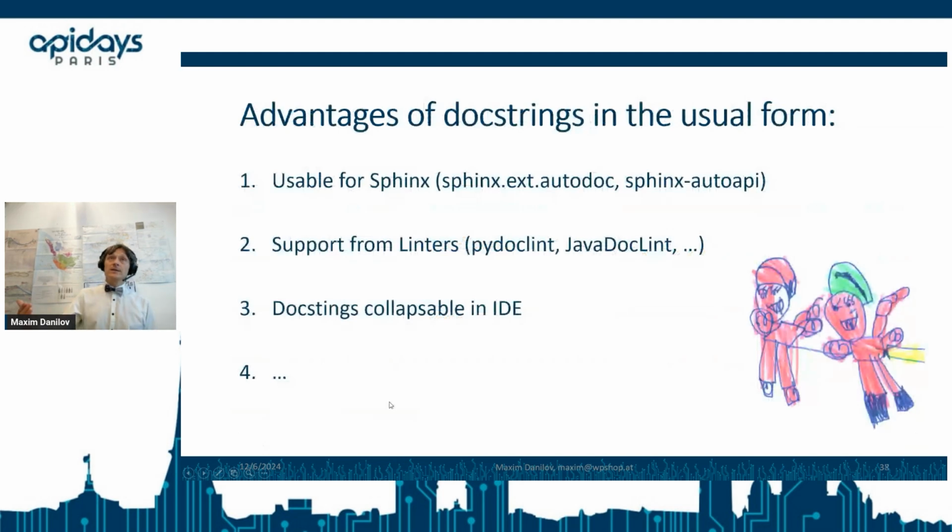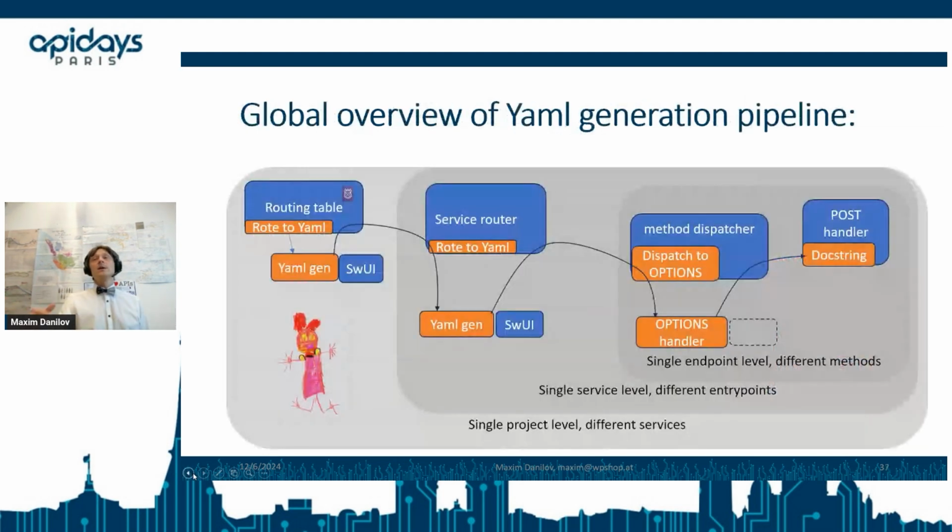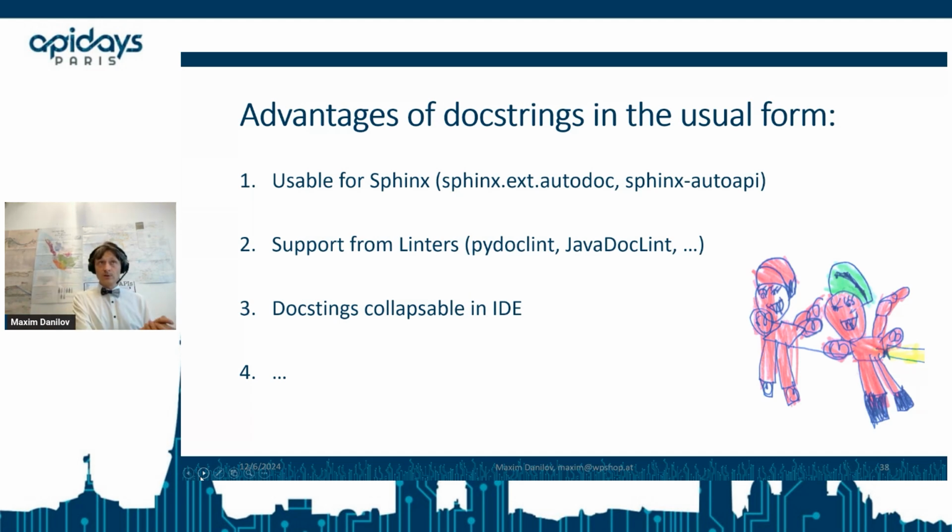And advantages for every single route: usually, if we write with Python, we use docstrings in our views to document our single view. And advantages of docstrings: we can use docstrings to generate documentation for developers.